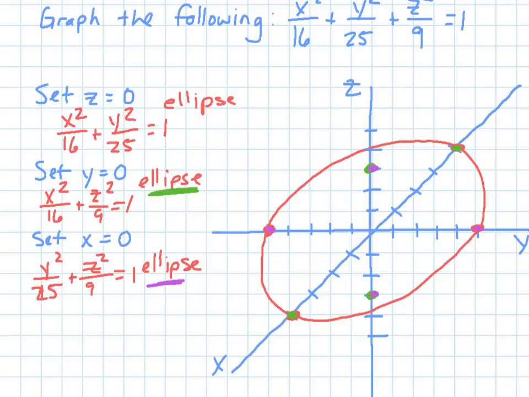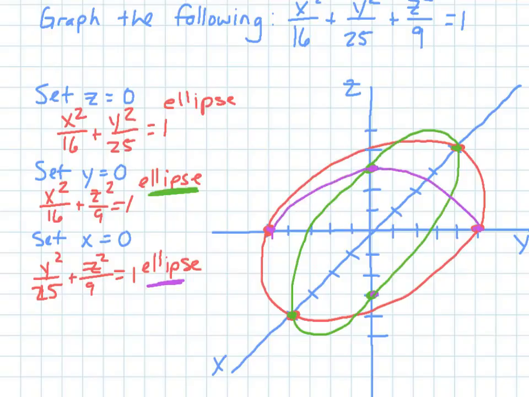Now I want to actually trace the ones in the XZ plane. Here I want to try to make it look like an ellipse, so it's slanted that way. And then you've also got one in the YZ plane. This one will be more 2D-ish, so it'll look more like an ellipse that you're used to seeing.